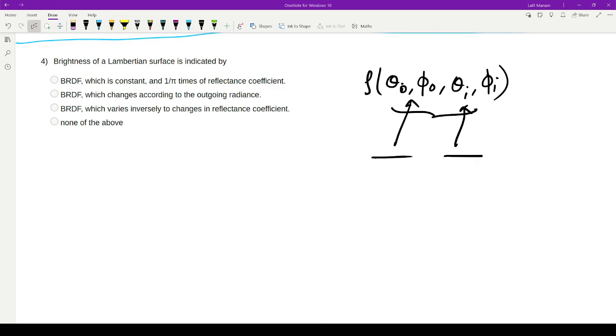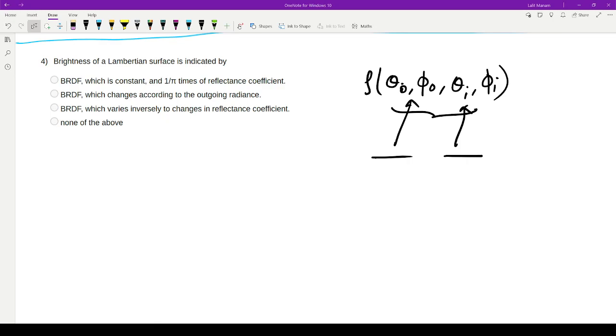So what does Lambertian mean? The surface which doesn't reflect the light in a single direction, for example cotton. It is independent of the angle.